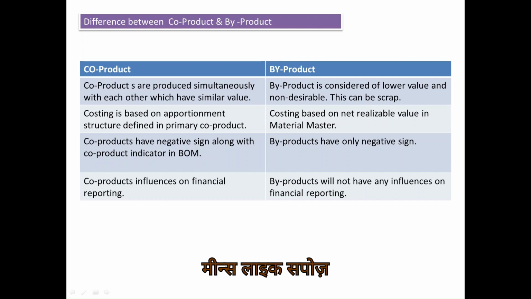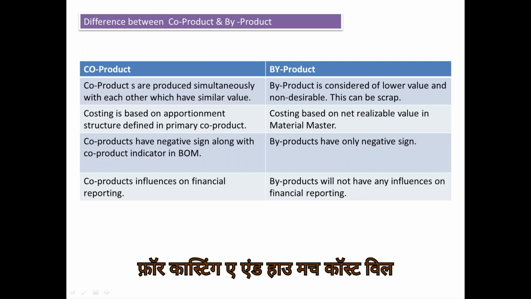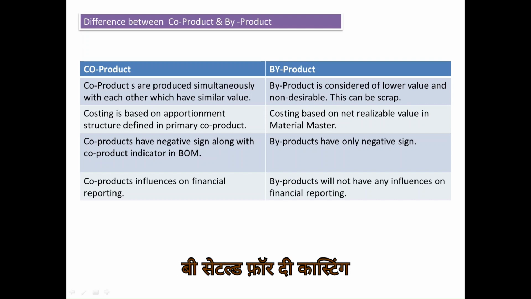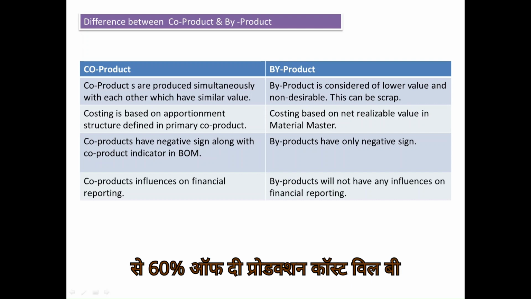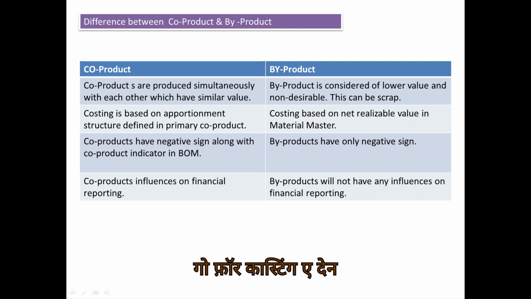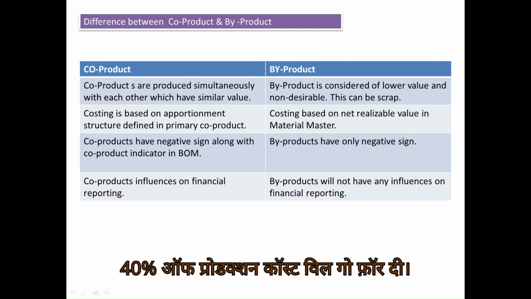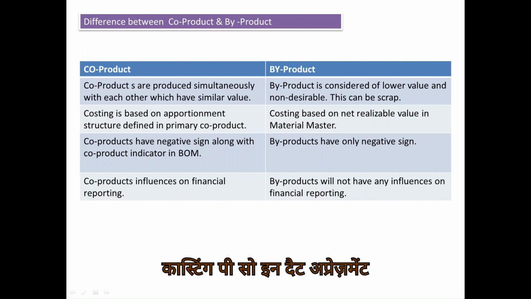Suppose the cost of the production for casting A and B is 100 rupees, then you have to assign how much cost will be taken for casting A and how much cost will be settled for casting B. So suppose 60% of the production cost goes to casting A, then 40% of the production cost will go to casting B. So in that apportionment structure you will maintain the cost of that co-product.